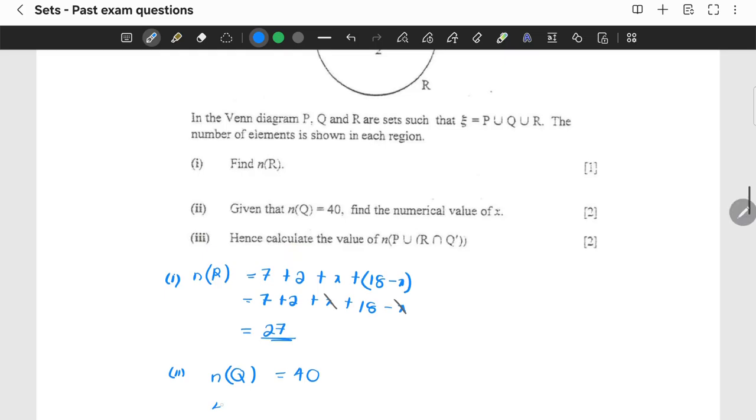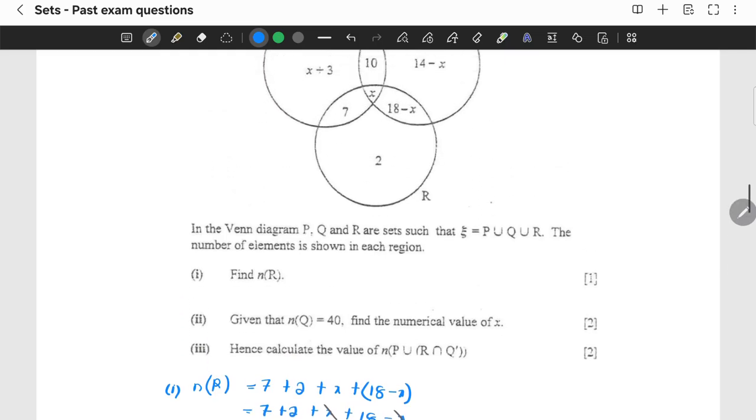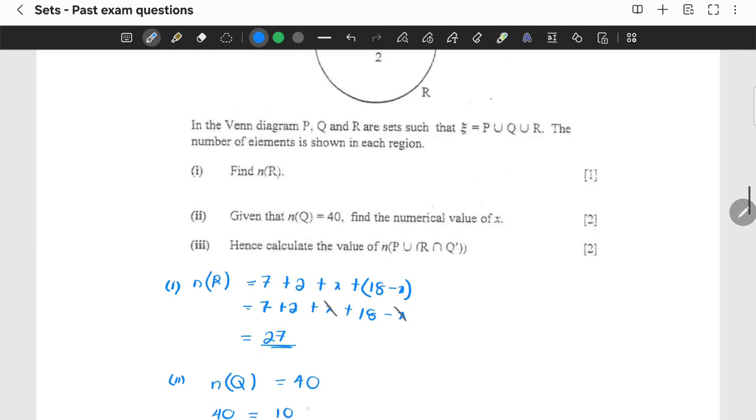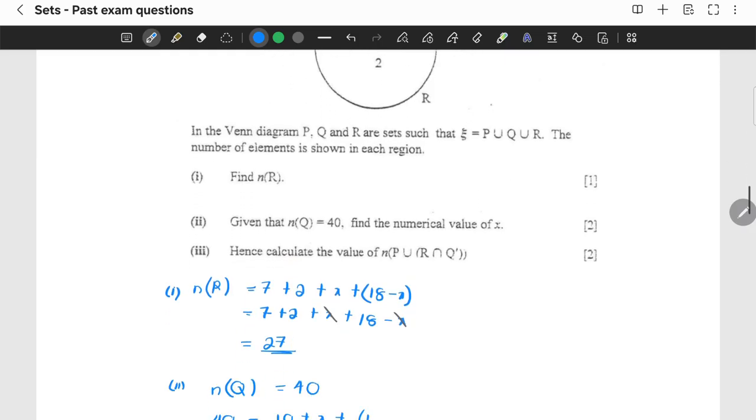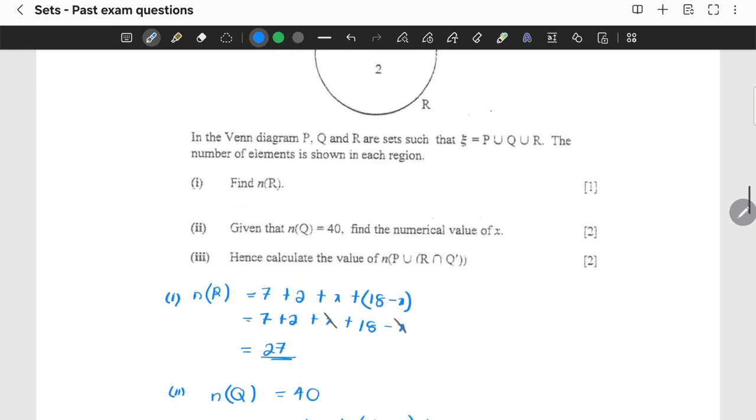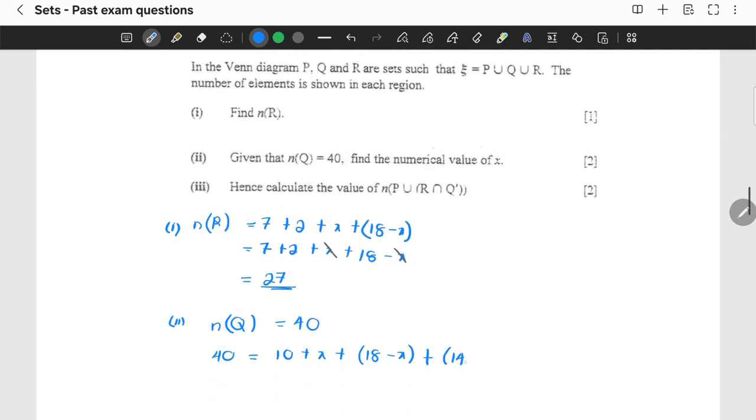So 40 is equal to 10 plus x plus 18 minus x plus 14 minus x, right?